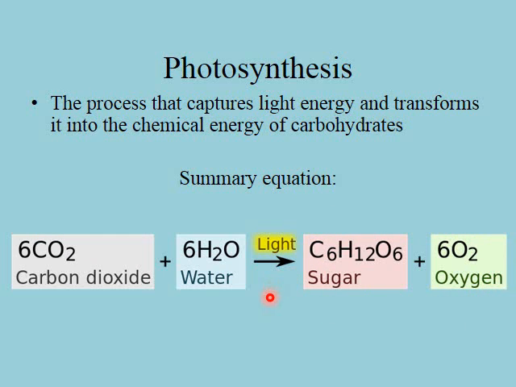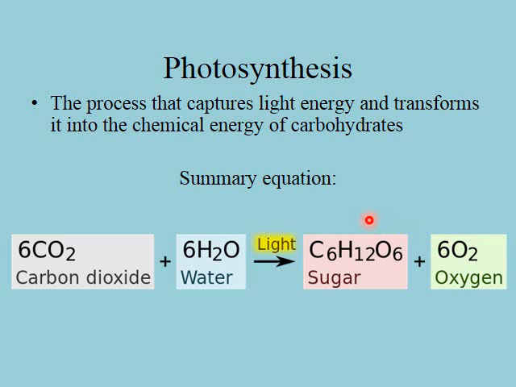Now, there are lots of intermediate molecules that take place from the beginning to the end, but these are the basic products and the substrates. The substrates are 6 carbon dioxides and 6 waters. With the help of light energy, they are eventually changed into a single sugar and 6 oxygens.